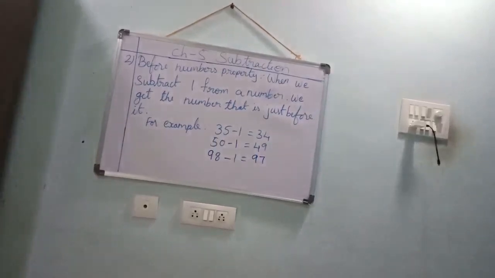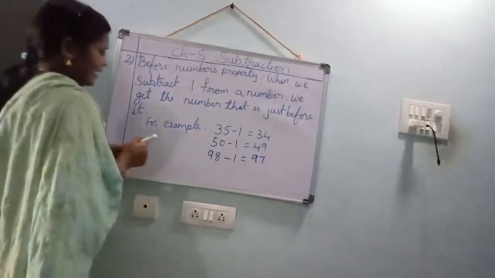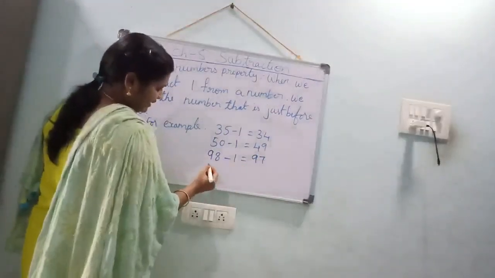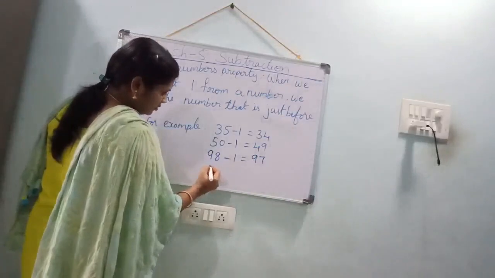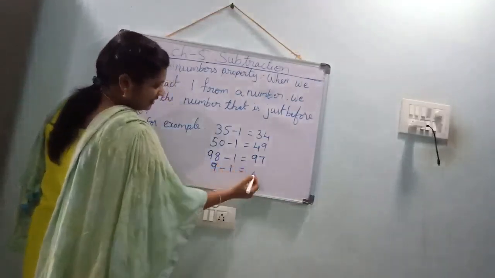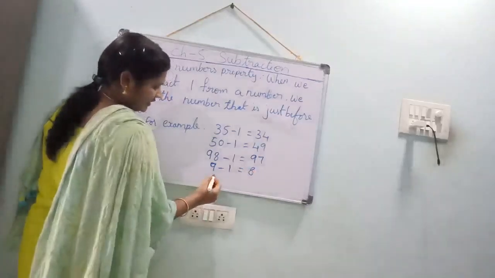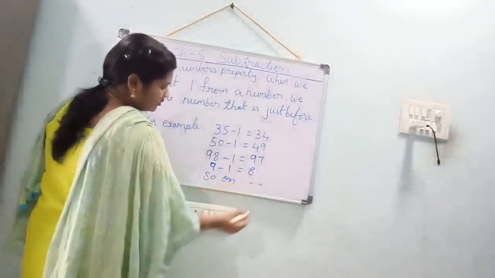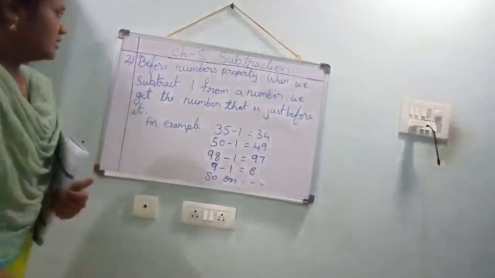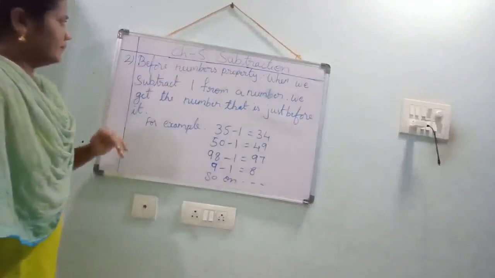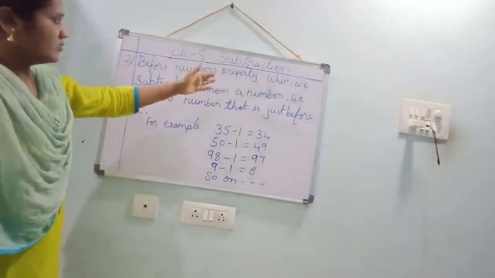See, children, 98 minus 1 is equal to 97. Now, 9 minus 1, 8. And so on. So many numbers you can write. Before numbers property means what?